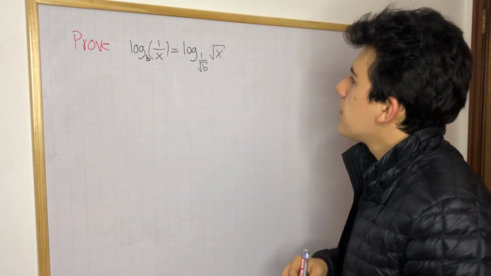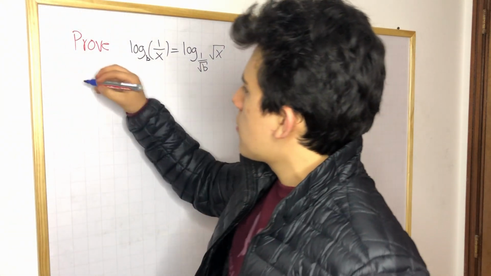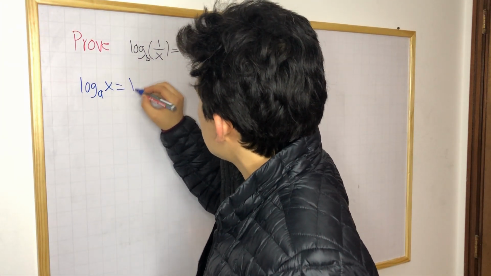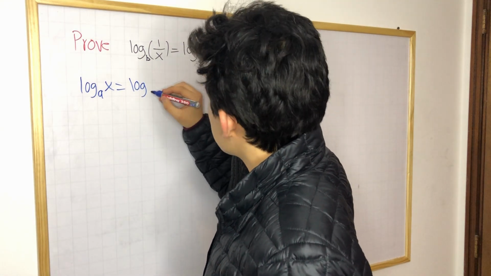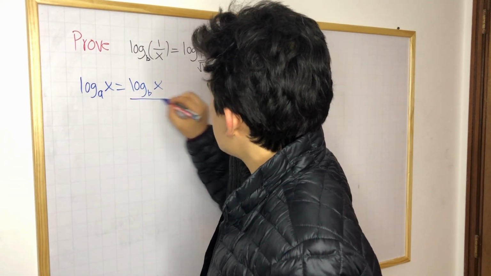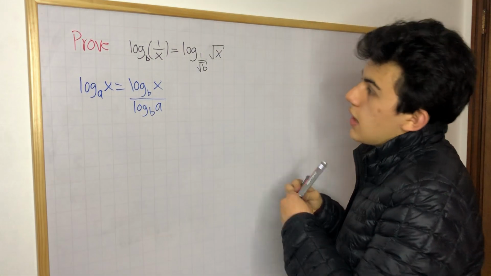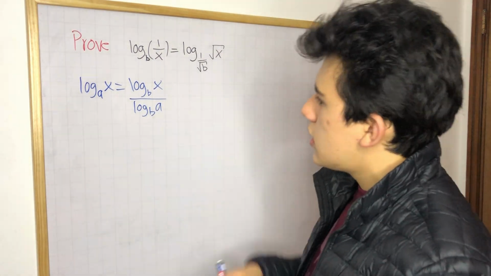So let's change that. Now we know the change of base formula. I'm going to write it in here so you can see it. Log base a of x is going to be log base b of x over log base b of a, okay? That is the change of base formula, and we're going to use it to change the logarithm.